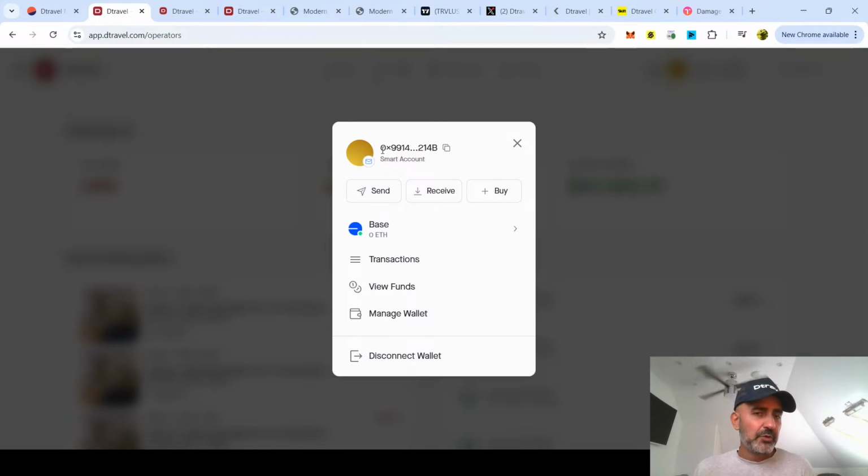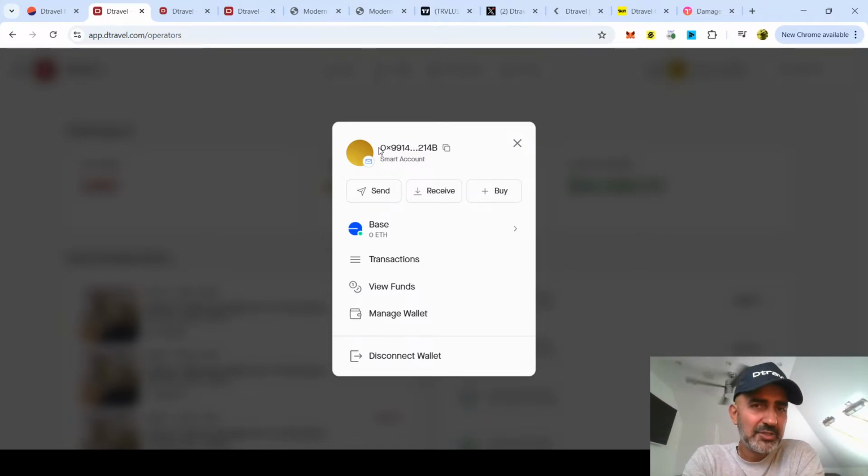But it's good for entry level, when someone isn't really familiar with crypto and doesn't want to download a wallet just yet. They can quickly, with their email address, set up a hosted wallet on Dtravel that allows them to receive the TRVL as rewards without having their own personal wallet.